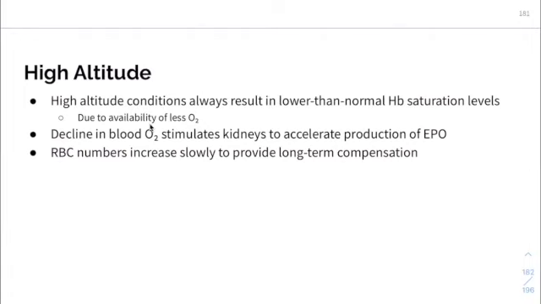So when you're at those high altitudes, your hemoglobin's not as saturated, so you're not getting as much oxygen attached to that hemoglobin as you are at sea level.